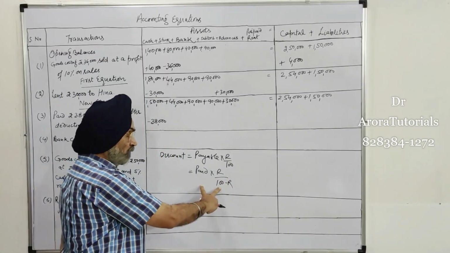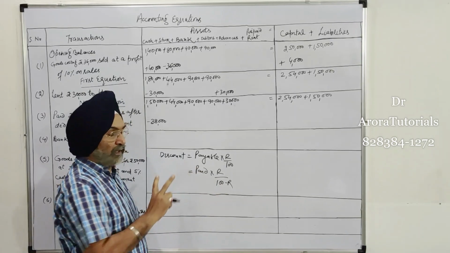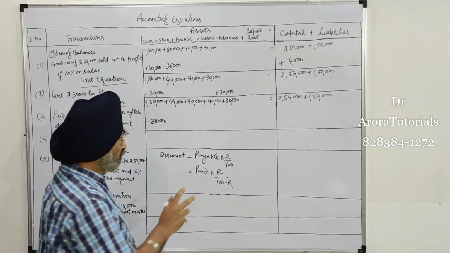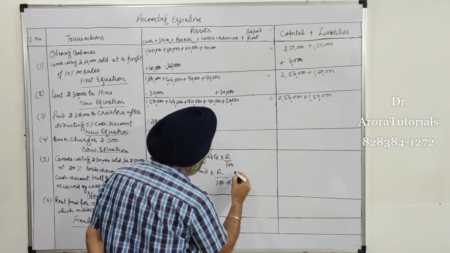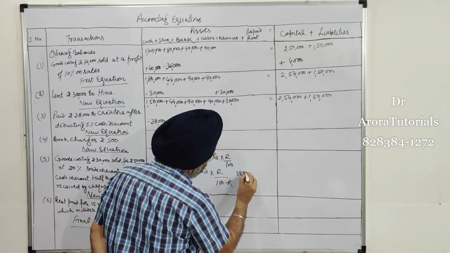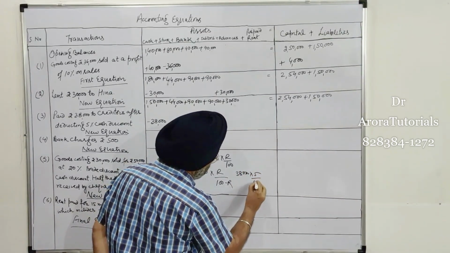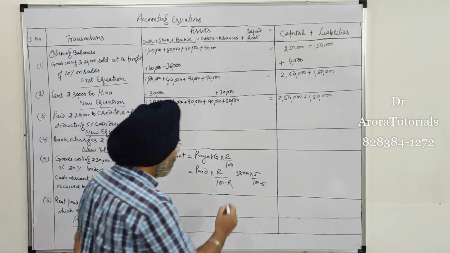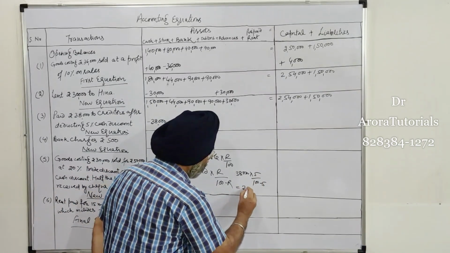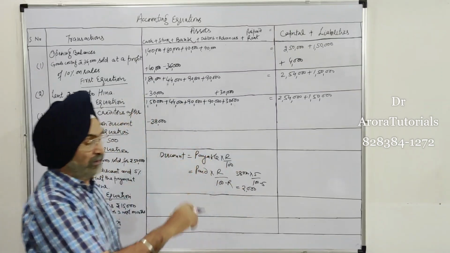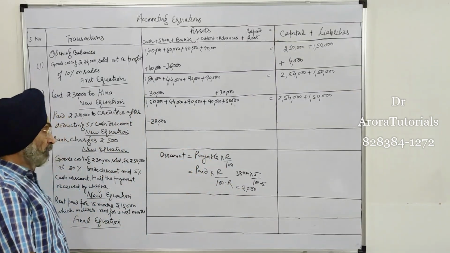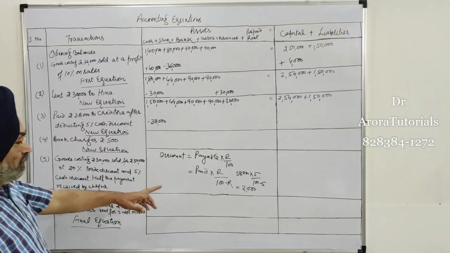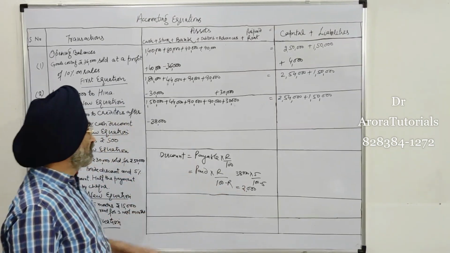This formula you are to use for calculating the amount of discount. So, for example, 38,000 was the paid amount, rate was 5%, 5 upon 100 minus 5. So this comes out to be exactly 2,000.